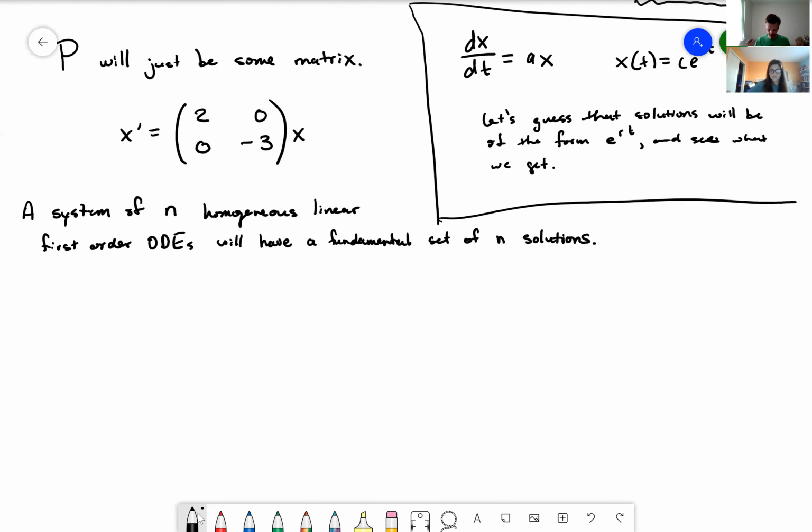Now, once we have these n fundamental solutions, we will know that we have all of the solutions, because the existence and uniqueness theorem allows us to say that this is the solution for a given set of initial value conditions.